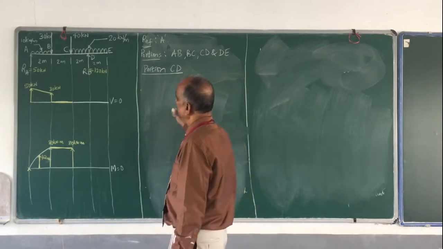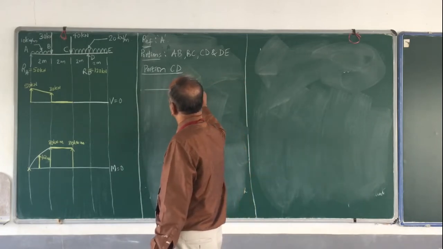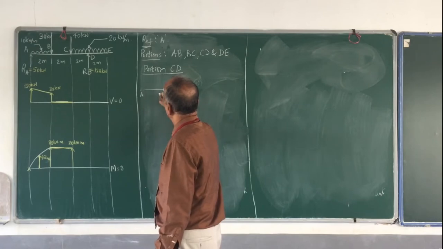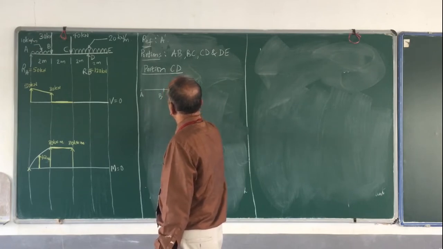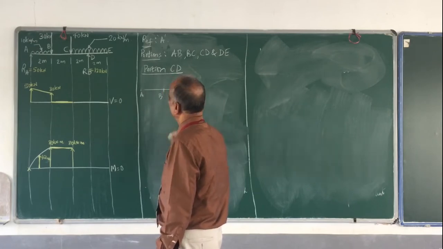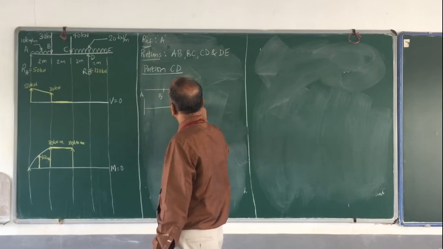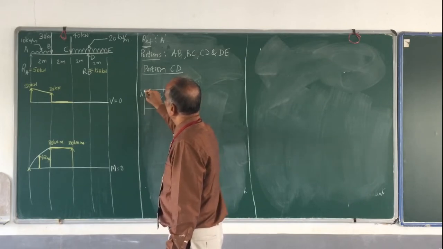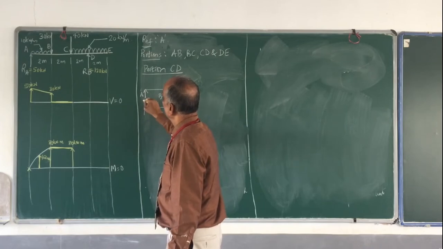Portion CD, draw the free body diagram. Okay, you have A, then you have B, then you have C. Okay, D is not there. This is where your section is. This is your X, and you have 50 kilonewton.